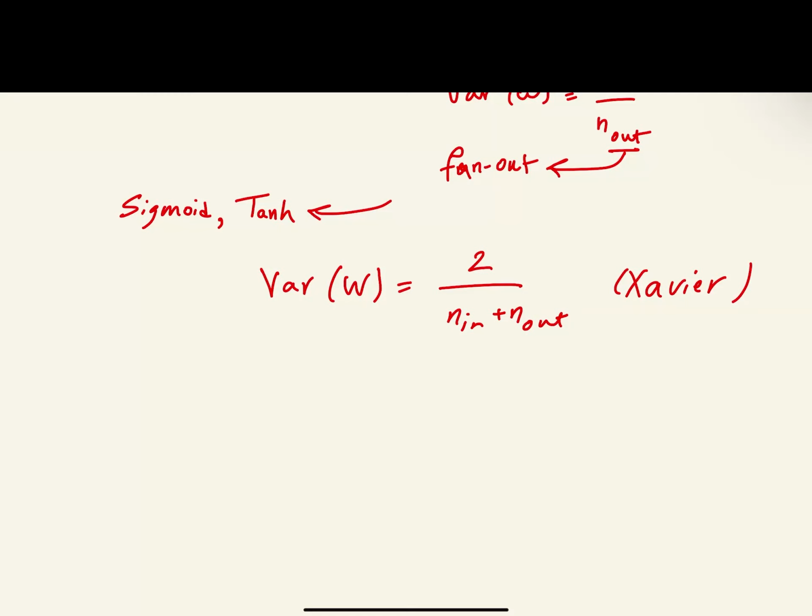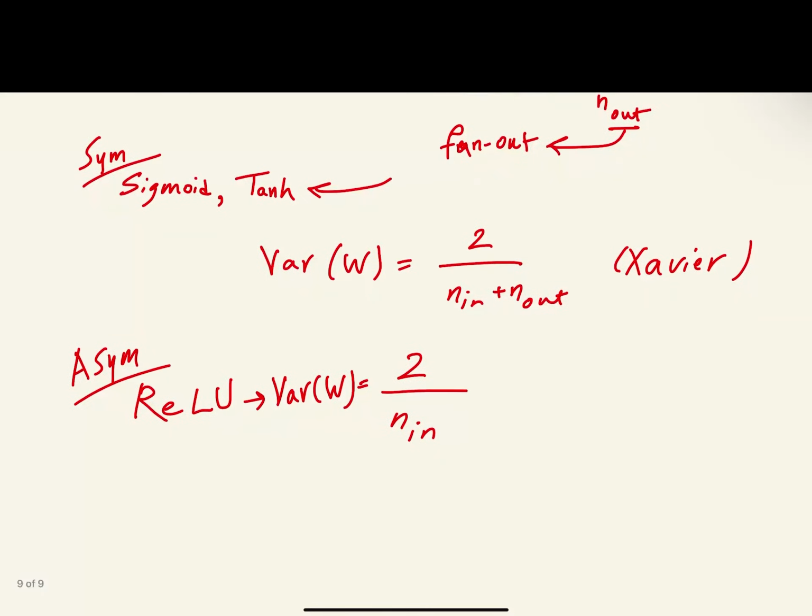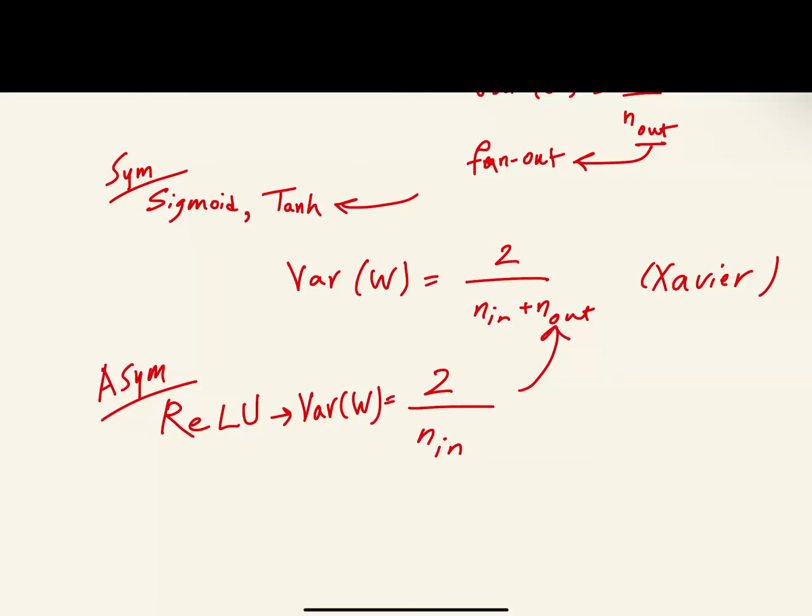But what if we don't have a symmetric activation function? A very common and friendly example is ReLU. So in this case, we only use fan-in for our choice. Notice that this variance is half of the previous case, and the reason is basically that ReLU effectively discards half of the input distribution because all the negative values are 0, and this way the variance will be half.